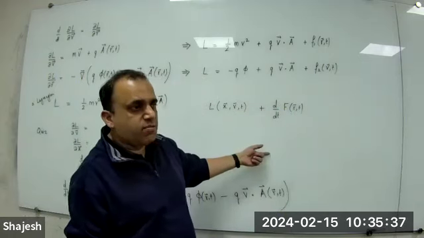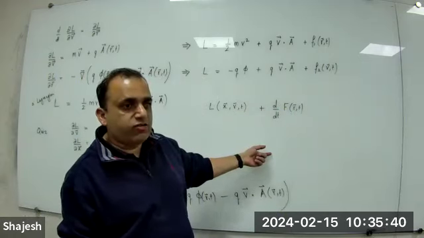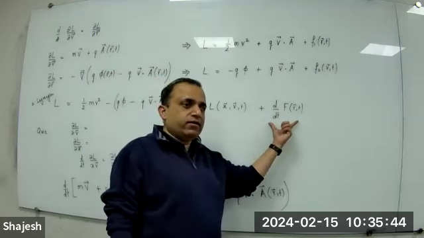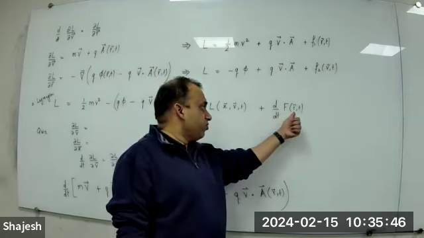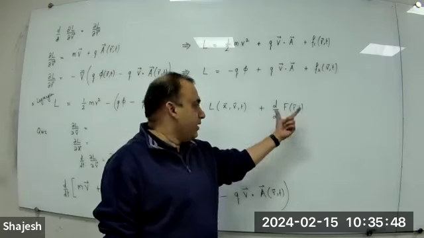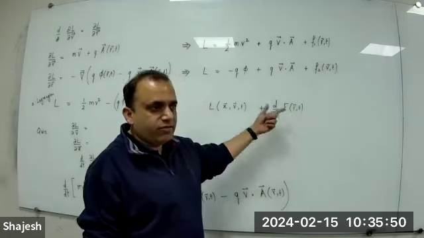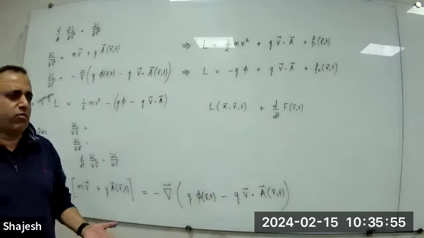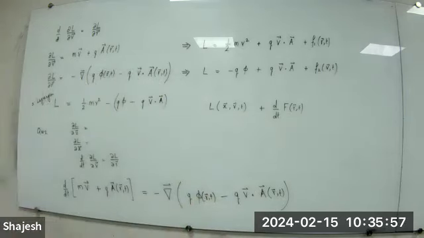It'll give me the same Euler-Lagrange equation. So I can add anything I want in here, as far as it is only position dependent and it's a total time derivative, then my equations of motion do not change. And as far as my equations of motion do not change, I don't worry.